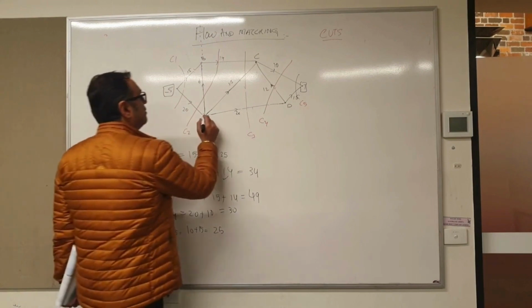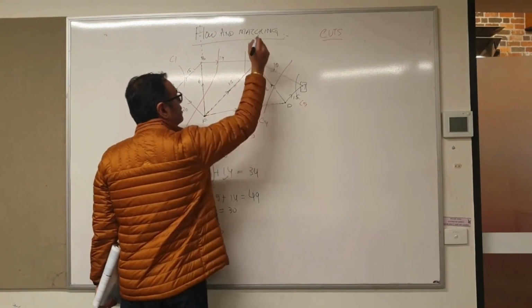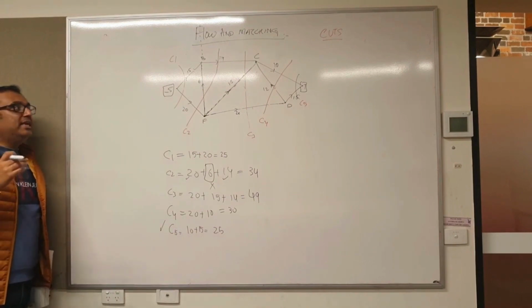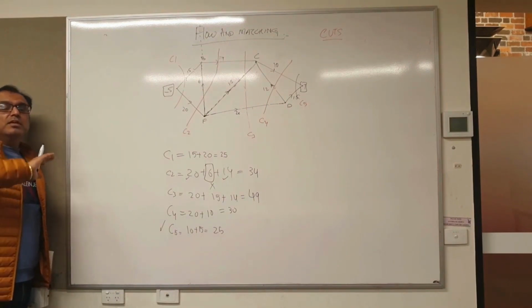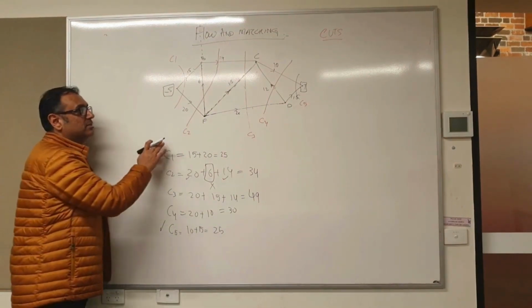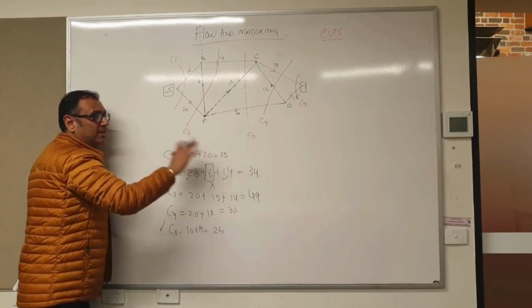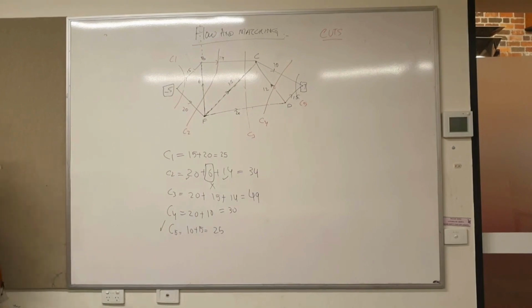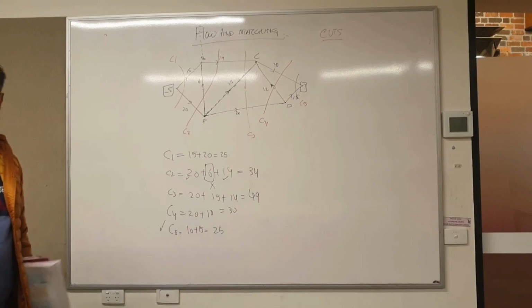What about this one? You see? Any edge, any direction, the direction of the edges should throw the traffic out of the cut. If it's not throwing it out, it's just pushing it in, then we don't consider that value of the edge. Right? Make sense?